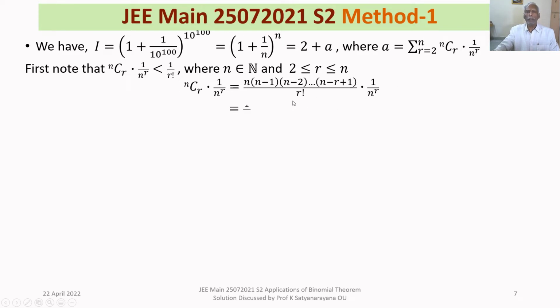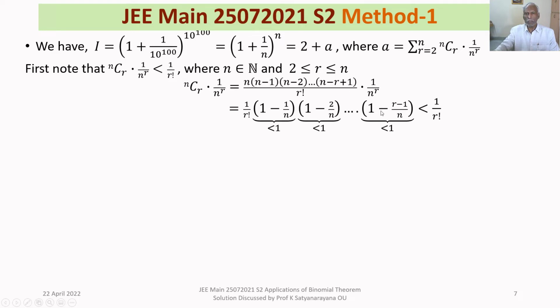Thus we get 1/r! times (1 - 1/n)(1 - 2/n)...(1 - (r-1)/n). Note that each term is less than 1, and the product is less than 1, so the total is less than 1/r!. Thus I have proved that nCr (1/n)^r is less than 1/r!.